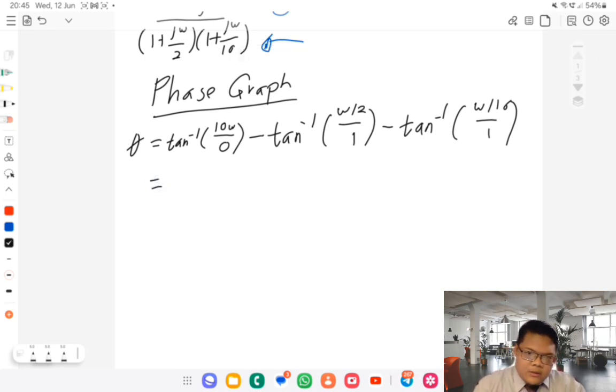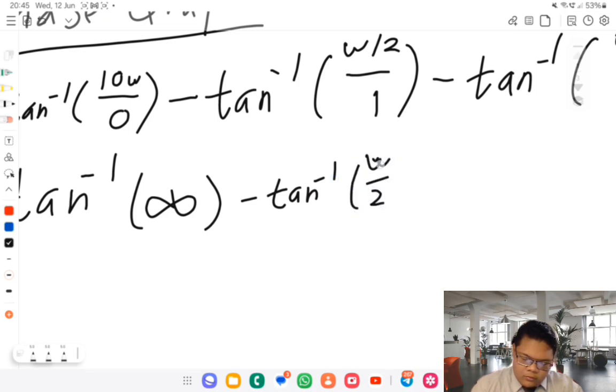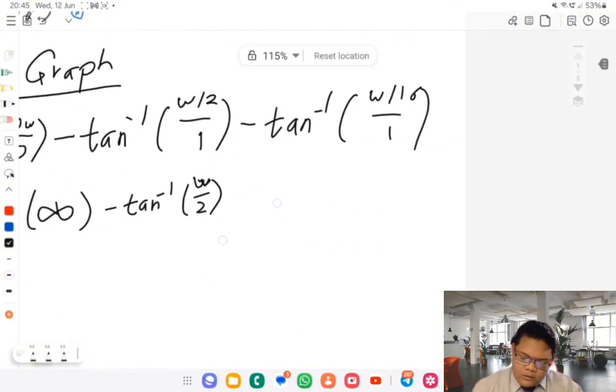Next, we simplify the equation, where we get arctangent of 10 over 10 divided by 0, which will be infinity, and then negative arctangent of omega over 2, and negative arctangent of omega over 10.